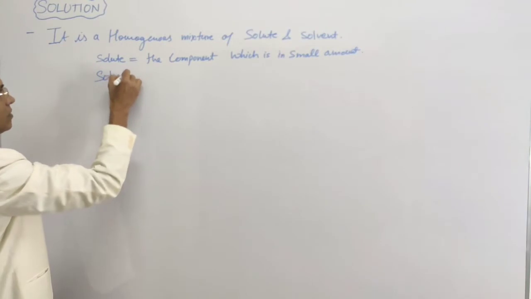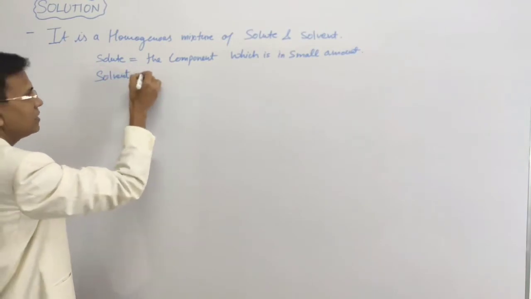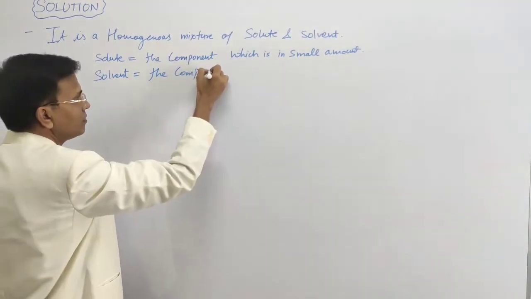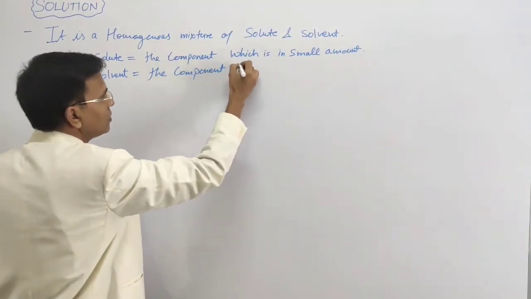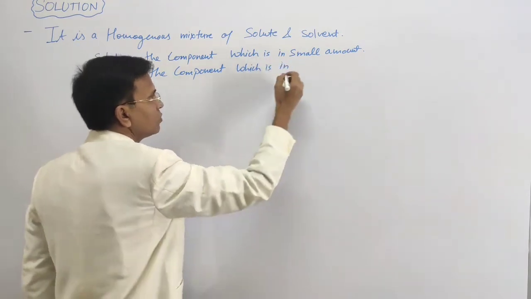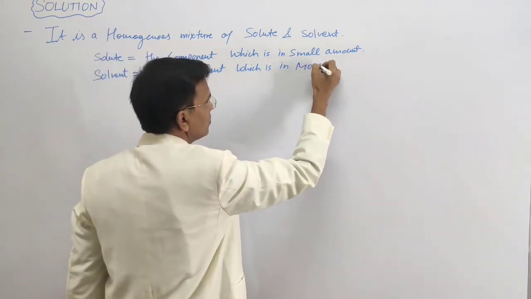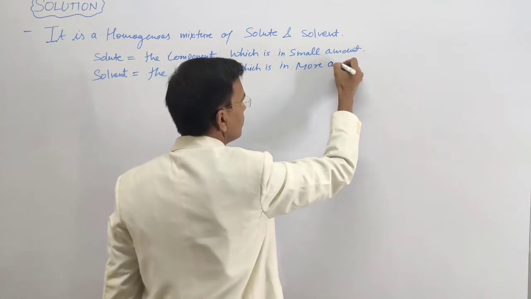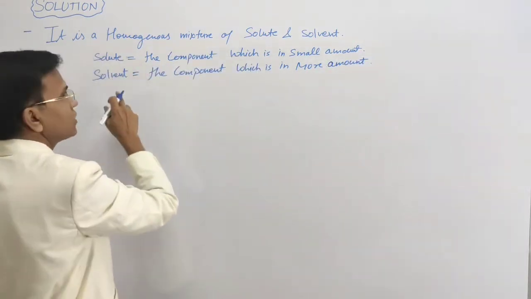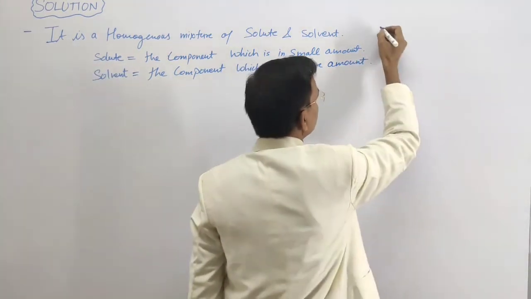Clear? Now the next is solvent. The solvent is the component which is in more amount. Right?